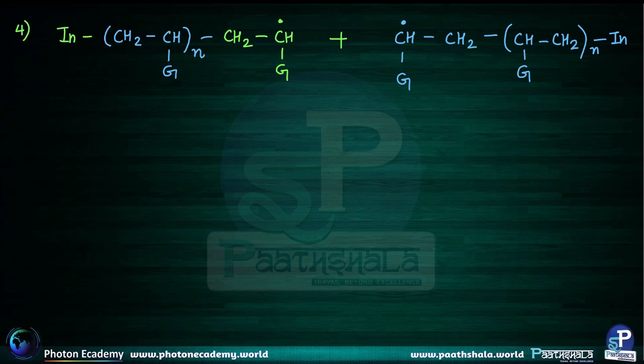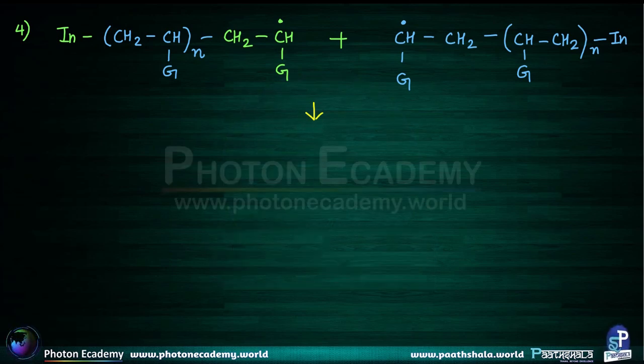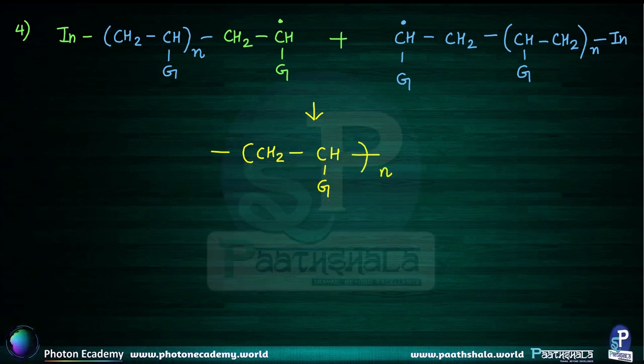So now we have to stop this chain, that is we have to terminate this chain, and to terminate this chain we add both of these, and that will be the end of this process. So at the end we are left with CH2 with a CH and the group, and we have N times repetition of this, and we'll get our polymer.